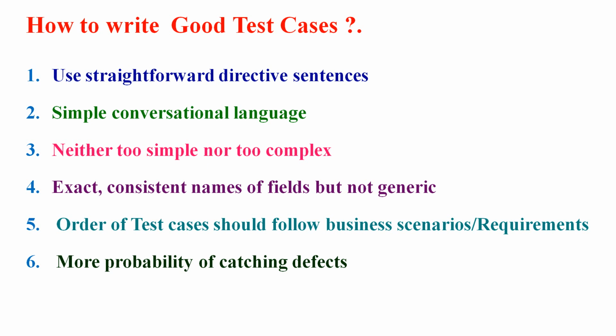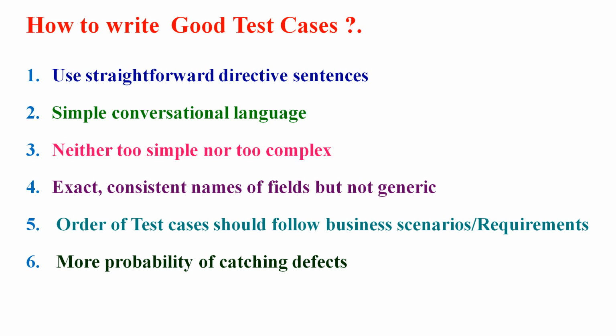Right? And next, each and every test case should be an exact one, and the names of the fields which you are using in the test cases should be consistent throughout all the test cases.